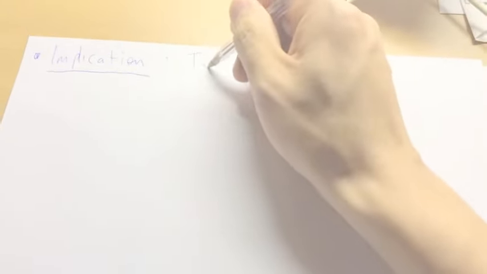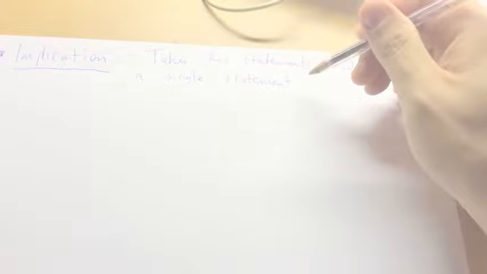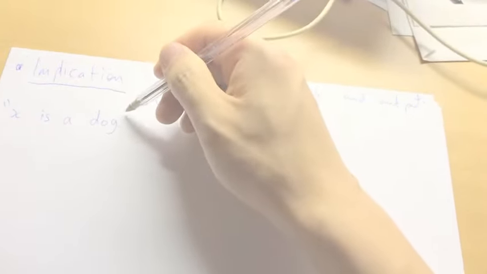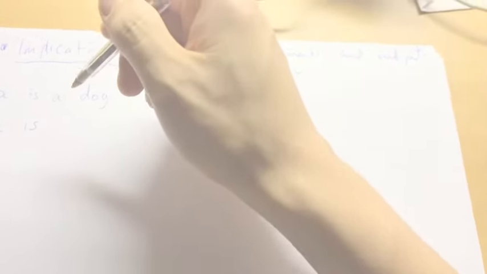It takes two statements and outputs a single statement. And how it goes in normal everyday speaking is, if you take, say, X is a dog and X is, I should choose an example that makes a little bit more sense.